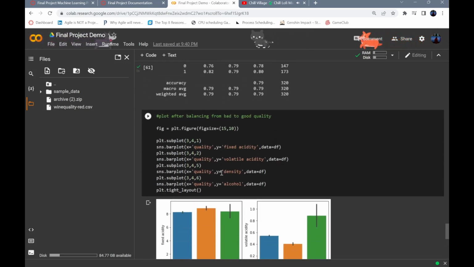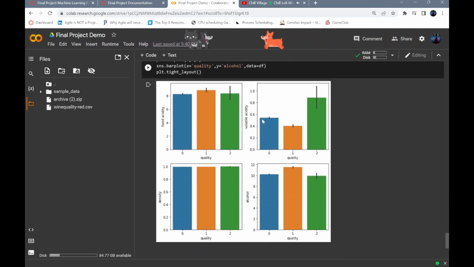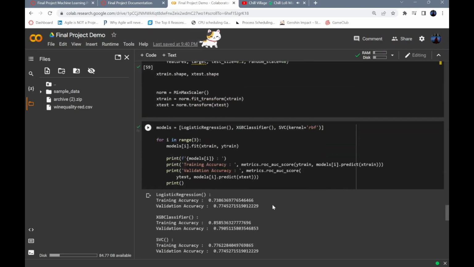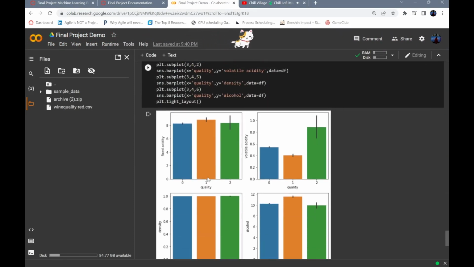Now we will plot from bad to good quality. Now these are our factors that we have: fixed acidity, volatile acidity, density, and alcohol, after we balanced out the good and bad. So good quality, this is actually best quality, but we're focusing on the 1s and 0s. So fixed acidity quality is good if it's higher.